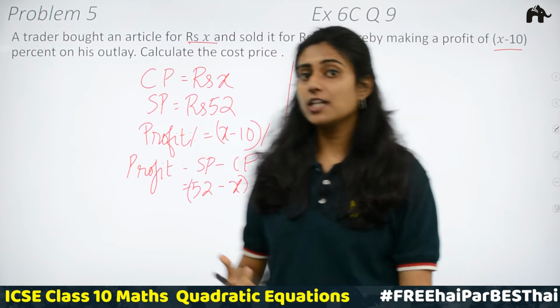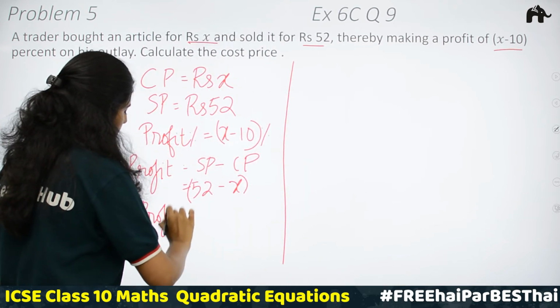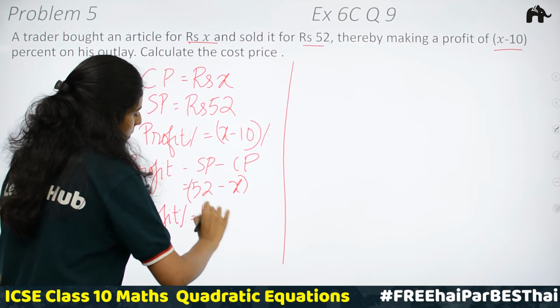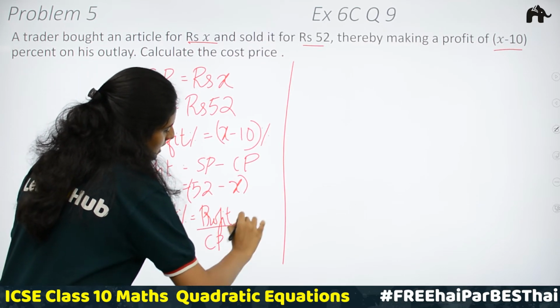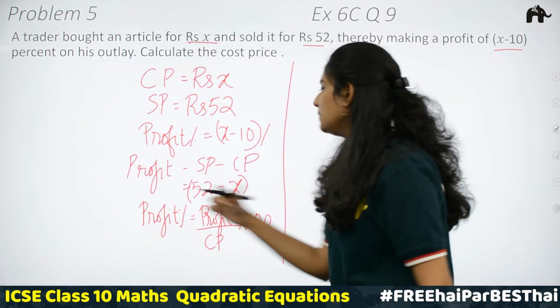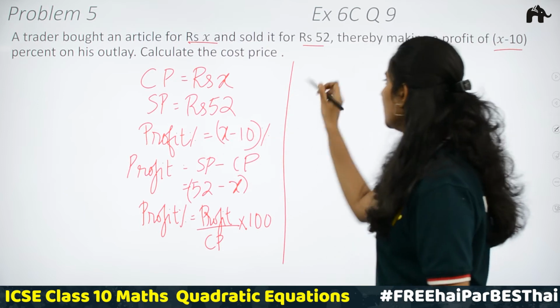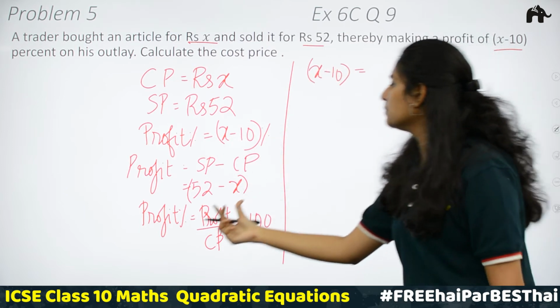We have a formula to find profit percentage. Profit percentage is equal to profit divided by cost price into 100. Now substitute the values. Profit percentage is x minus 10. X minus 10 is equal to profit.